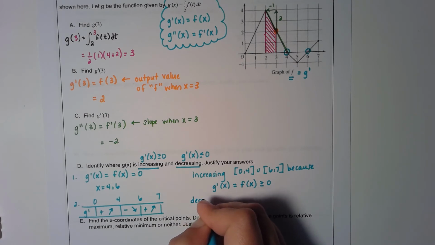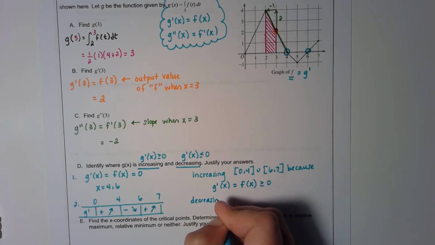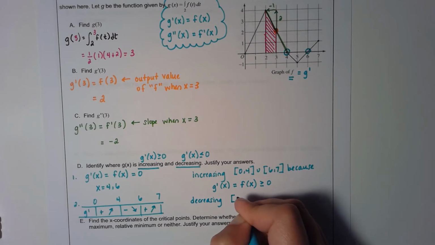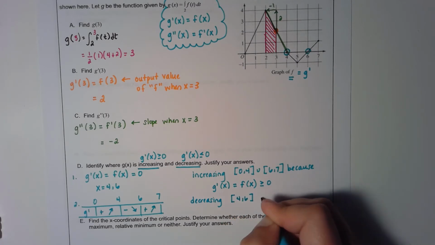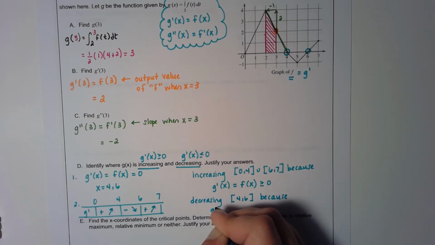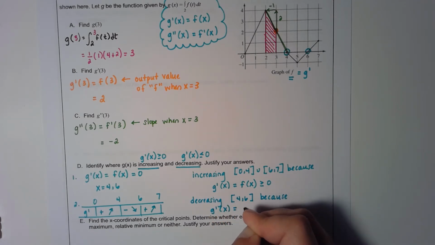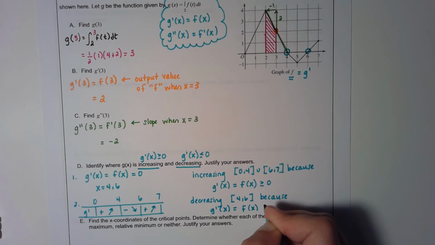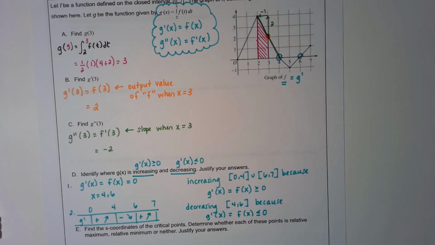Now we're also going to say decreasing on the interval from 4 to 6 because g prime of x, which is equal to f of x, is less than or equal to 0.